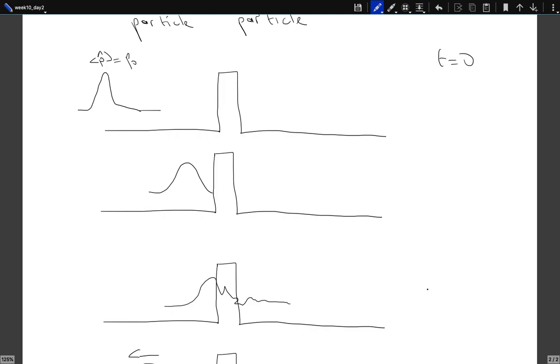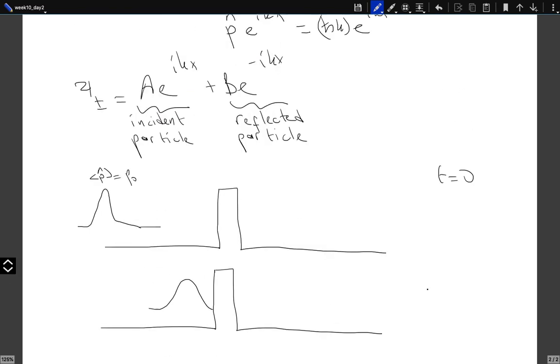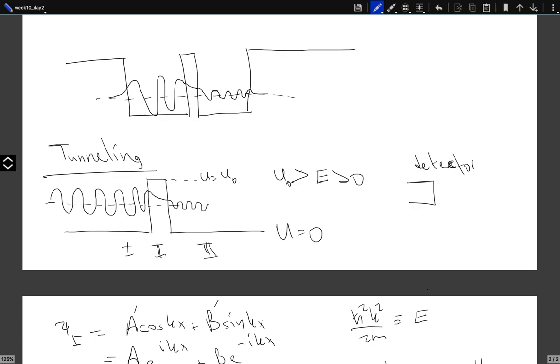That tells me that the uncertainty in momentum is not 0, which tells me that its momentum also should not be 0. But momentum determines the energy. So if there is an uncertainty in momentum, there will be an uncertainty in its energy. So this is not a definite energy state. This one is, because you see, I have no idea about where the particle is. So it can have a definite momentum. Various components can have definite momentum, let's say.